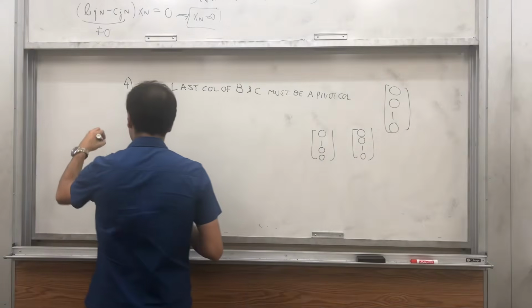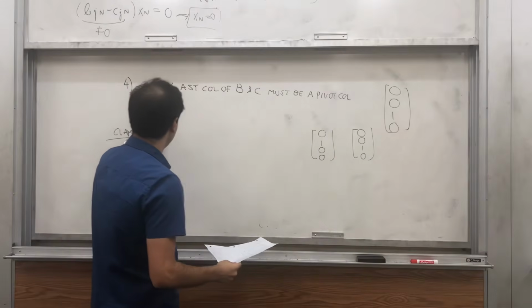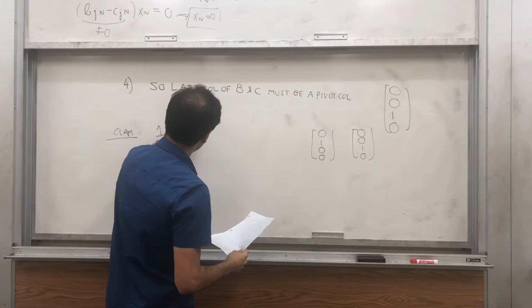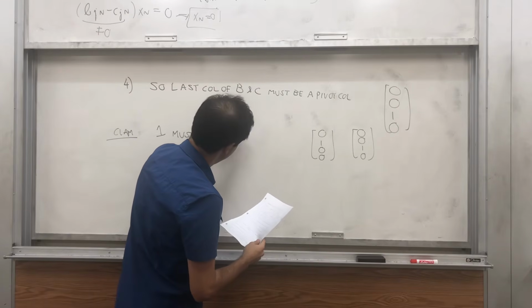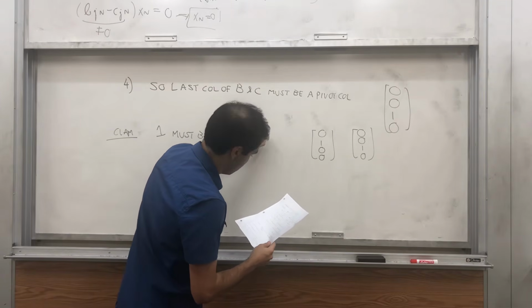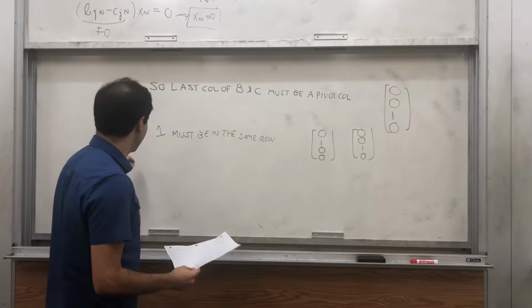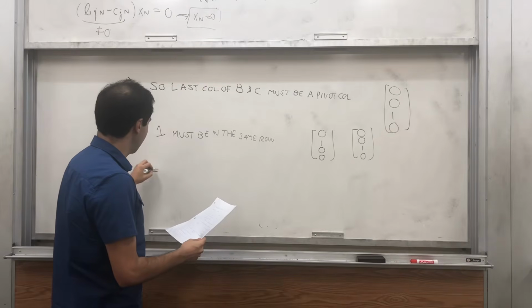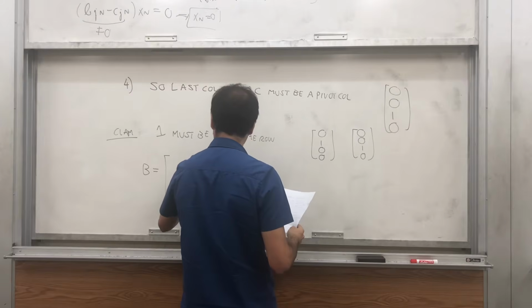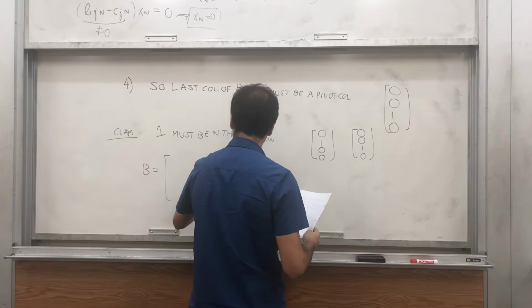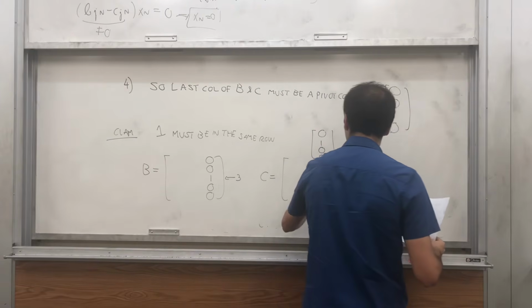So, claim: the 1 in the pivot column must also be in the same row. Because suppose, for the sake of illustration, that B looks like that, where the 1 is in the third row, and C looks like that, where the 1 is in the fourth row.